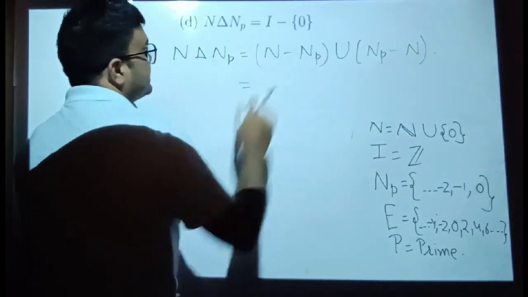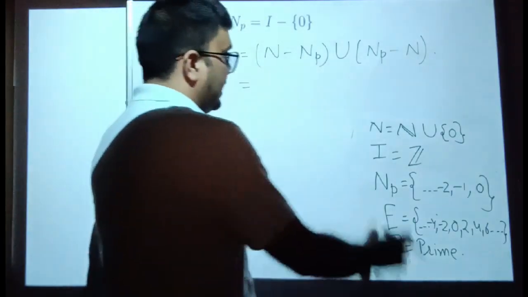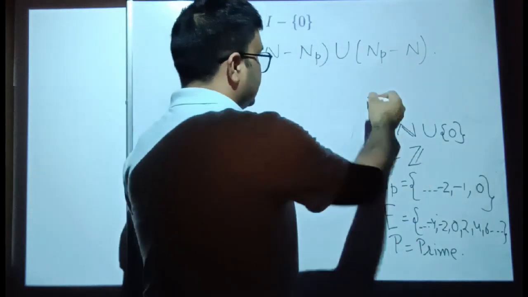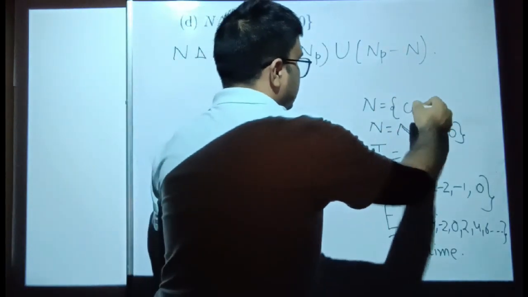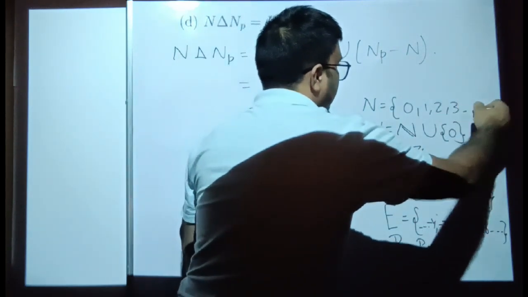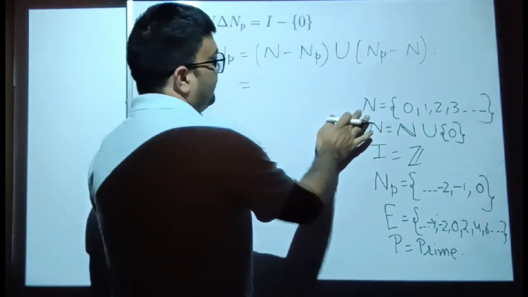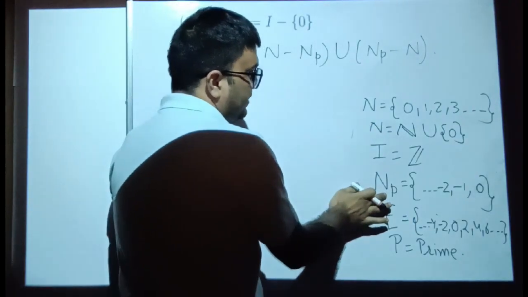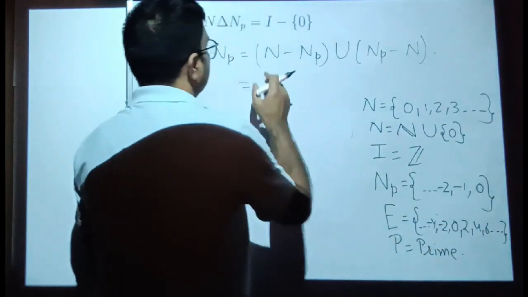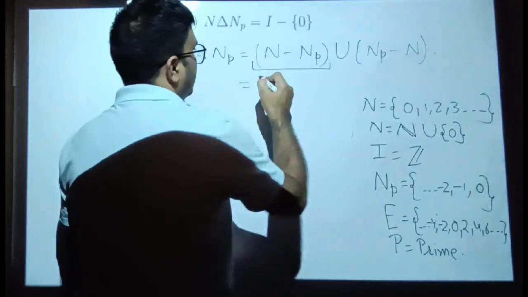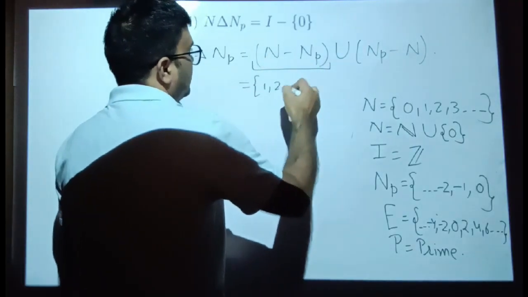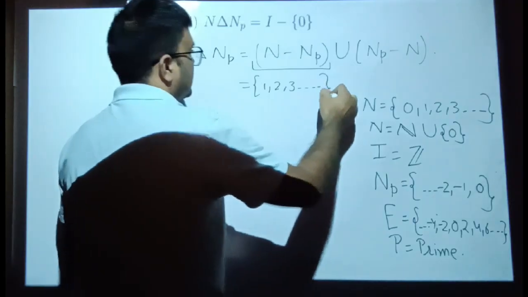What is N minus NP? N is the set 0, 1, 2, 3, and so on. From N, if we remove all the elements of NP, the only common element is 0, so what we are left with is 1, 2, 3, and so on.